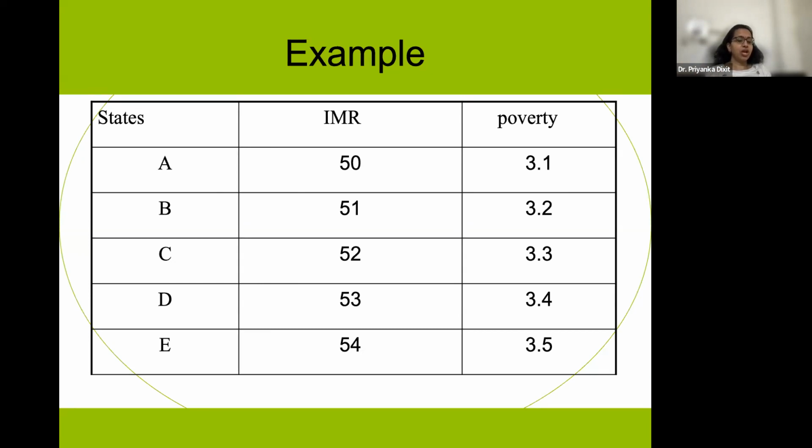These correlation and chi-square techniques come under bivariate analysis, because there are two variables.